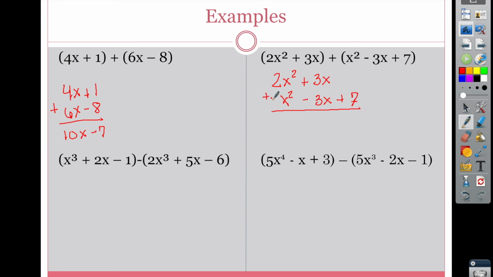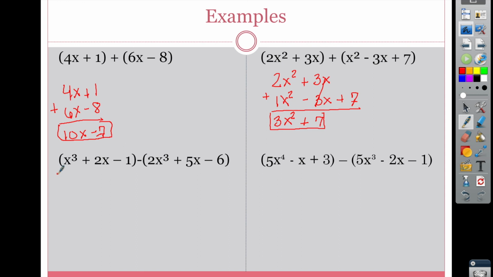So we add the coefficients. So 2 plus 1 is 3. We keep our x squared. Then 3x minus 3x is 0. So those cancel out. And then we're left with just the 7. So this would be 3x squared plus 7. Okay, let's try our next example.